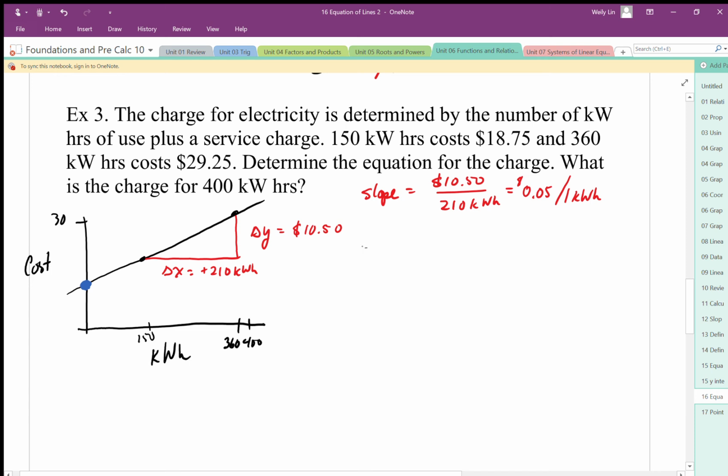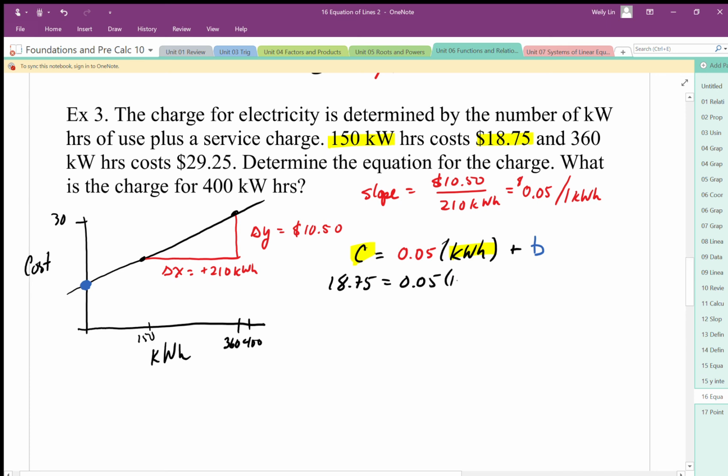So my charge is equal to 5 cents per hour times the number of kilowatt hours plus the y-intercept, which we'll call B. Okay, so using an XY pair, let's use 150, 18.75, and we're going to plug that into our equation and then solve for the only unknown left, which is going to be the B value.